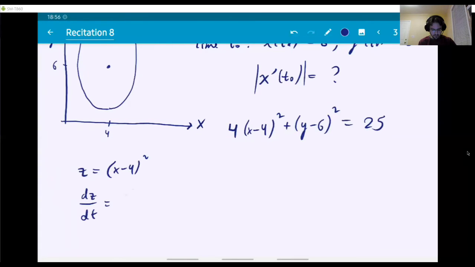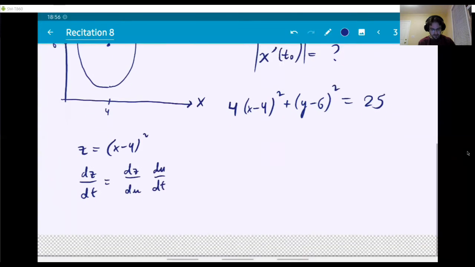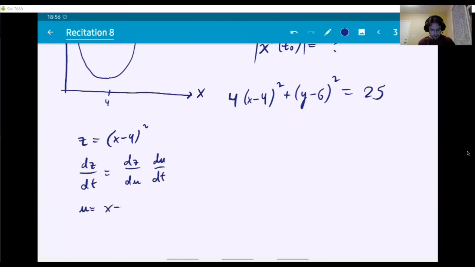We're going to use this chain rule, dz/du times du/dt, where u is the inner function, x - 4, and z in terms of u is u². This is how the chain rule works. So you see that dz/du is 2u, but du/dt, if u is x - 4, and the variable that you're differentiating with respect to is t, will be just x'(t), or dx/dt, if you will.